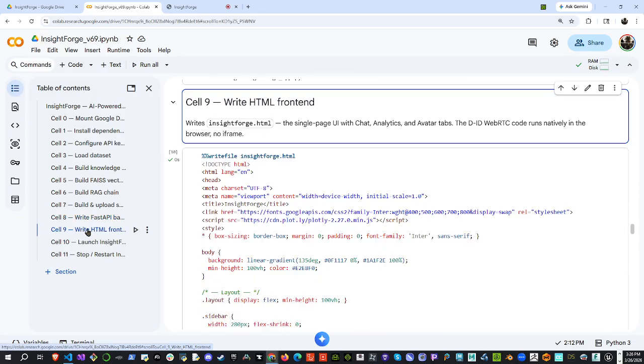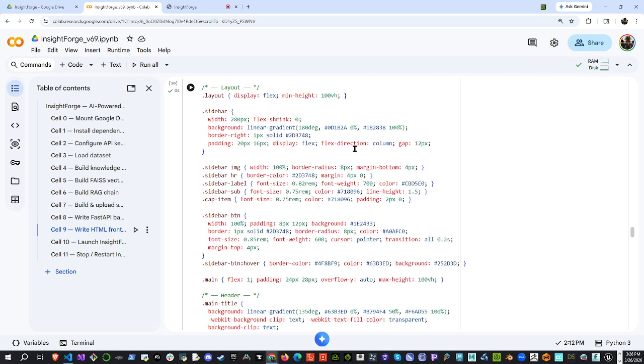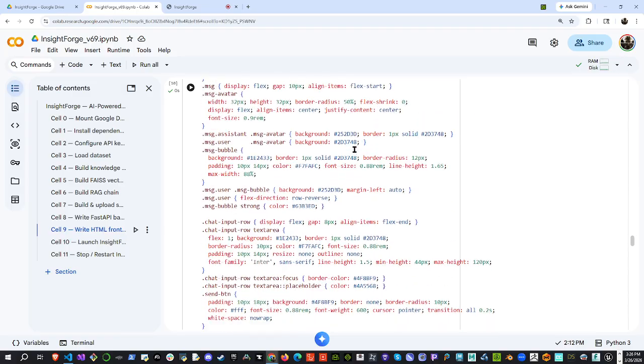I go to cell 9. I write the HTML for the front end. This writes the InsightForge.html, the single page UI with chat, analytics, and avatar tabs, the D-ID WebRTC code, and that was the one for the avatar for David. It runs natively in the browser and does not require iframes. Thank God. I do not like iframes.